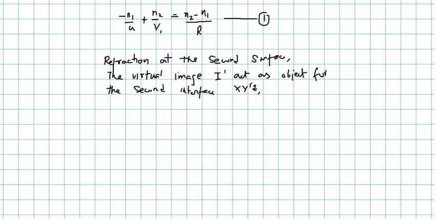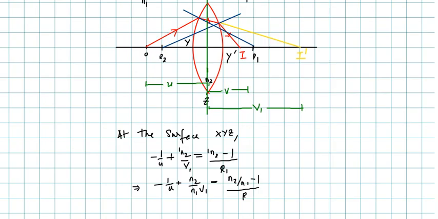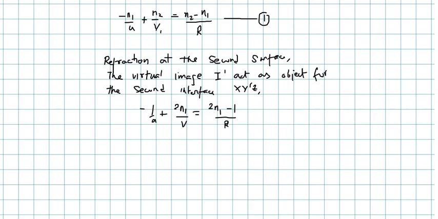So our relation will be now minus 1 by u plus, going from 2 to 1, by v equal to 2 1 minus 1 by R. Wait a minute, in this case u will be V1, because V1 is the object for the second surface. So this one would be minus n2 by v1 plus n1 by v equal to n1 minus n2 by R. Wait a minute, is this going to be minus or plus?